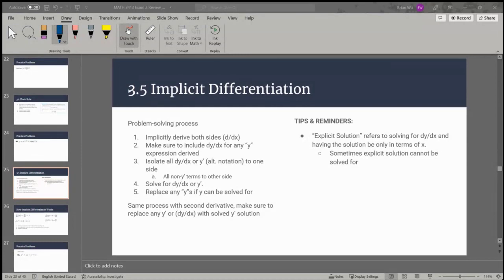So as Qual was saying, implicit differentiation is just an extension of what we've been doing so far. If you remember, when you take a derivative, most commonly you see something like y equal to x. When you're taking the derivative, what you are actually doing is applying d over dx. So this means you're taking the derivative with respect to the variable x, and you're applying it to both sides.